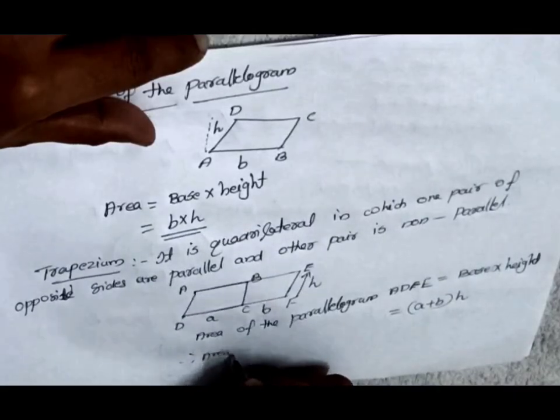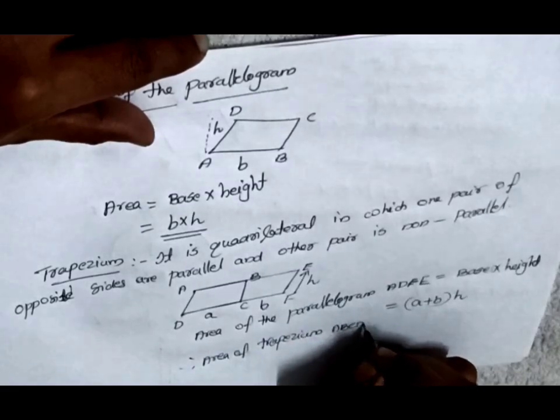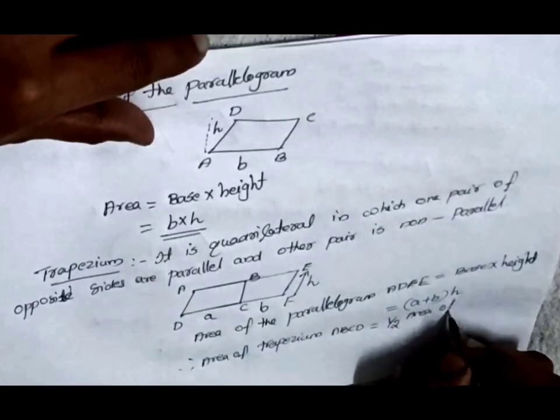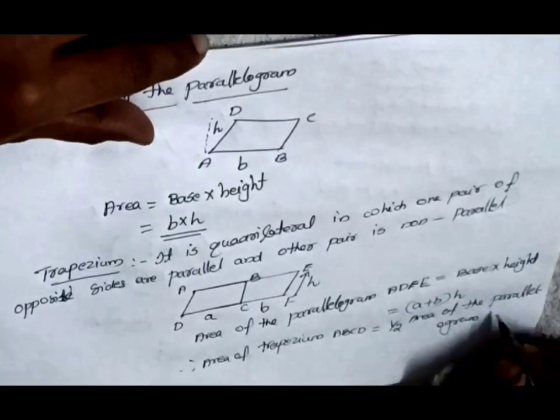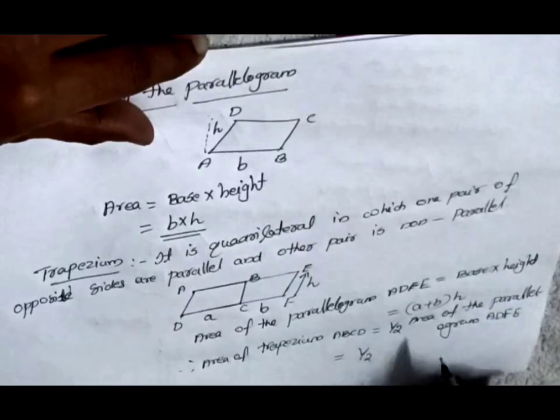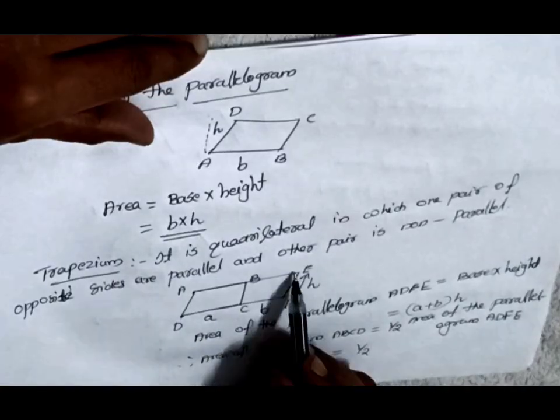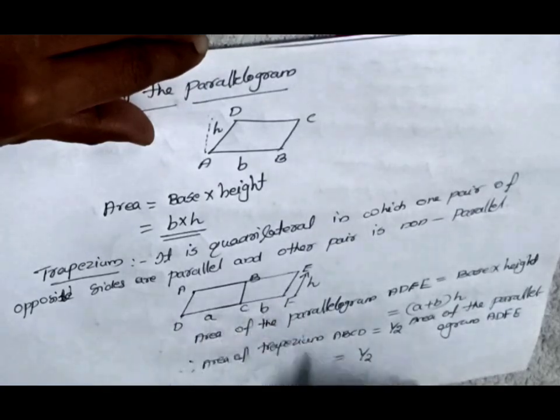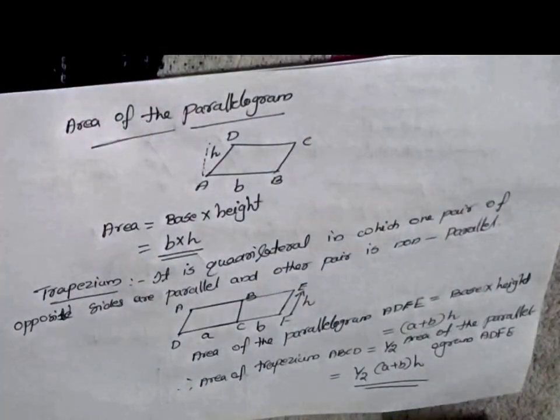Therefore, the area of trapezium ABCD equals half of the area of the parallelogram ADFE, which is half into (A plus B) into H. Therefore, the area of the trapezium is half of (A plus B) into H, where A and B are the two parallel sides.